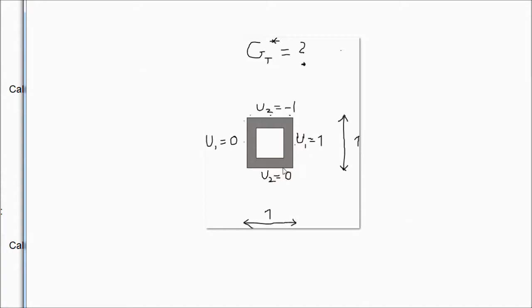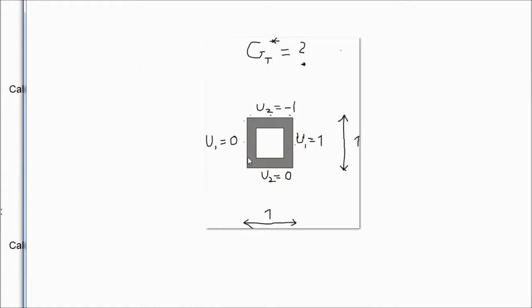On the other boundaries I do something very similar. I put u2 equal to 0 on this boundary, but on the upper boundary I put u2 equal to -1. And this will give me the strain vector I'm looking for.